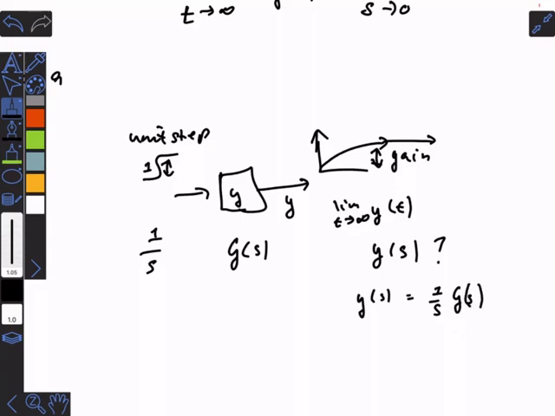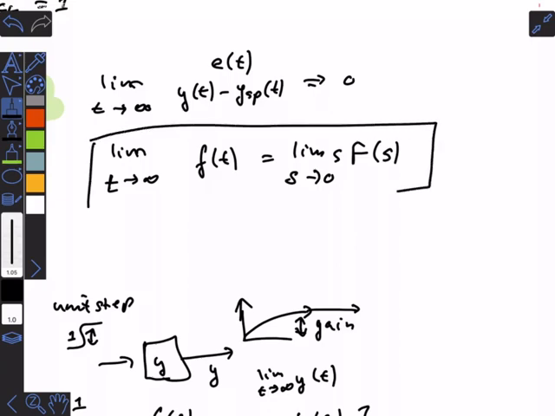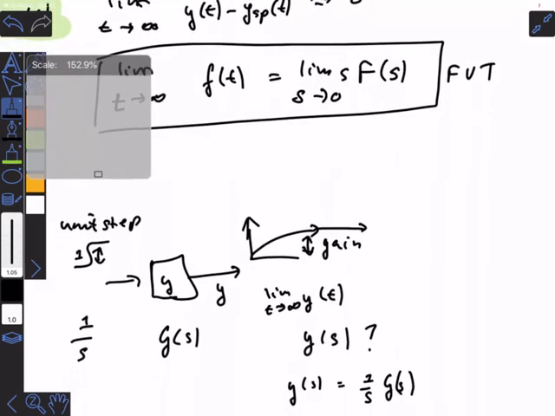The final value theorem has an s in there, so that's the final value theorem that you find in your data sheet.